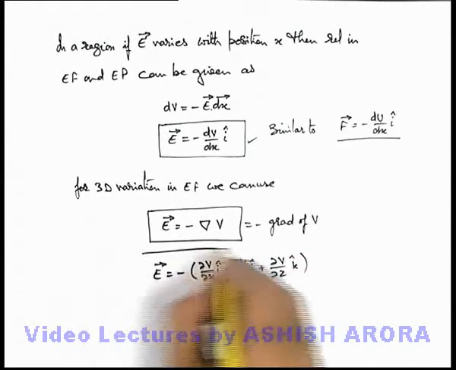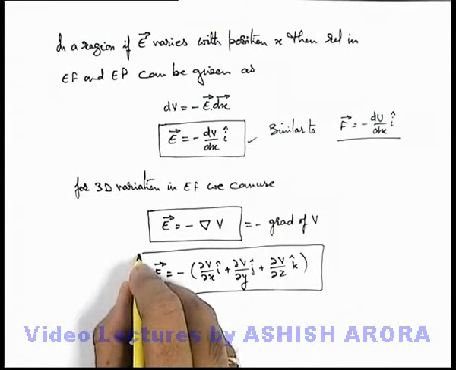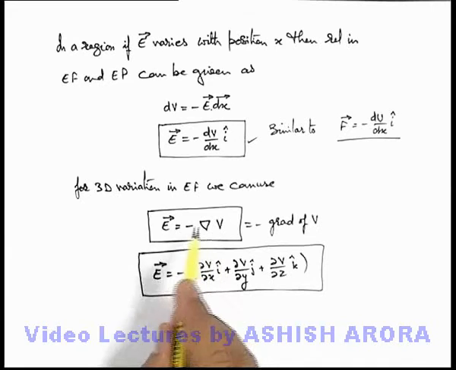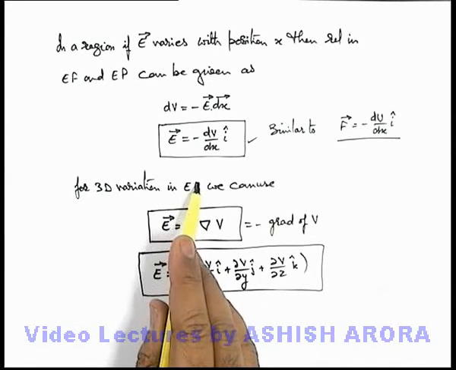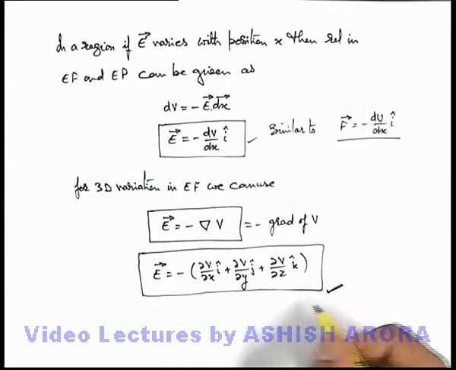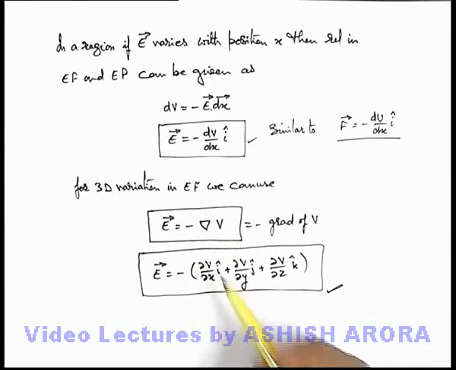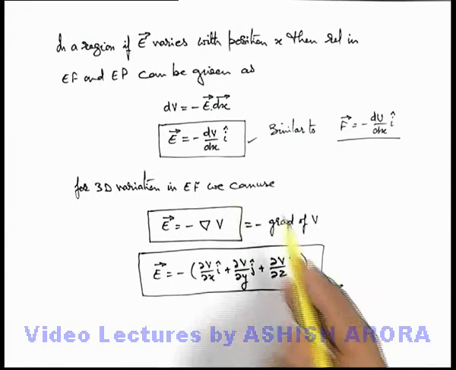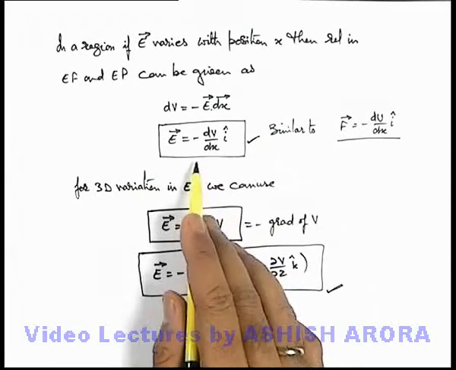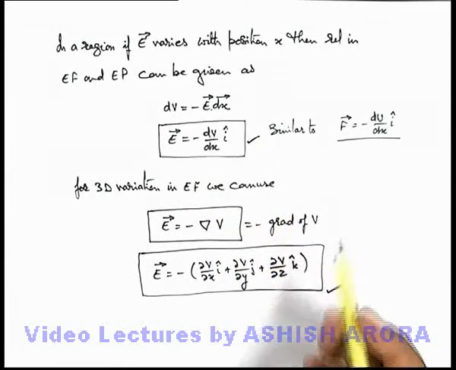I hope all of you can recall the same expression we have studied as a relation between force and potential energy for three-dimensional variation of force or potential energy in a region. So this expression we use whenever the electric field varies along all coordinates of position of a point, and the earlier expression we use when the electric field varies only with one dimension of position.